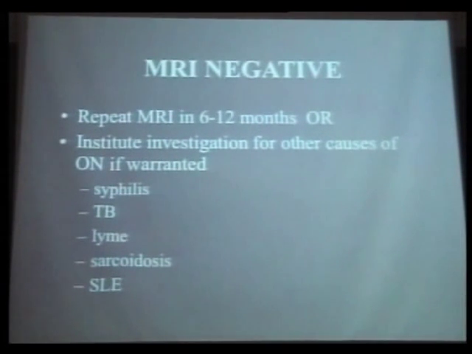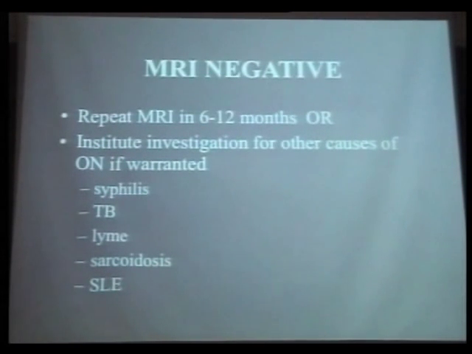So, what do I do if the MRI scan is negative? I tell the patient that their risk of developing MS is low, but it's not zero. If they have no further signs or symptoms, I will see them back in about 6 to 12 months, and I repeat the MRI scan at that time.